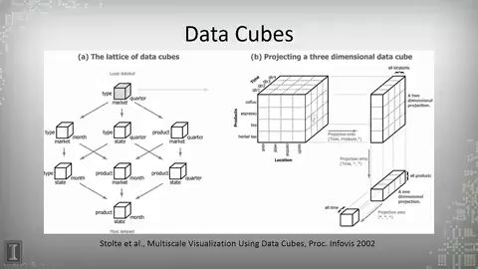So, for example, we can take our data cube. In this case, it has location horizontally, products vertically, and time in depth. If we want to look at all of our sales of tea, coffee, espresso, other products over time at different times, but we don't care about the location, then we can project this data cube into basically this square region, this two-dimensional region.